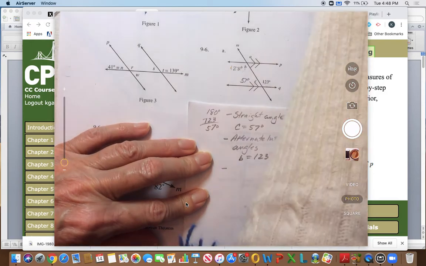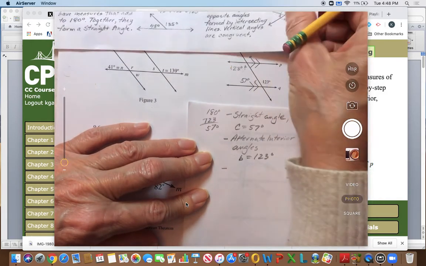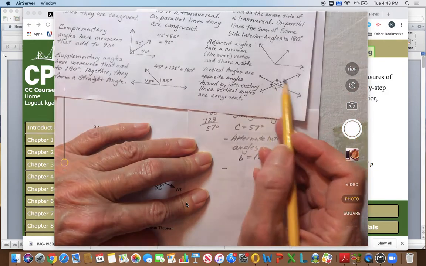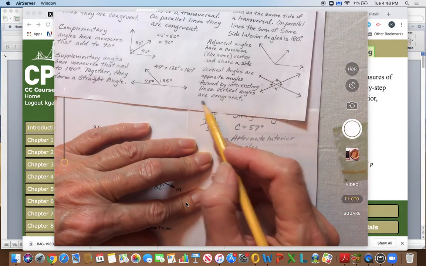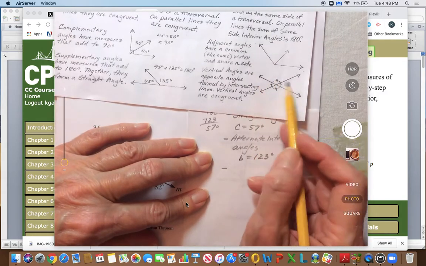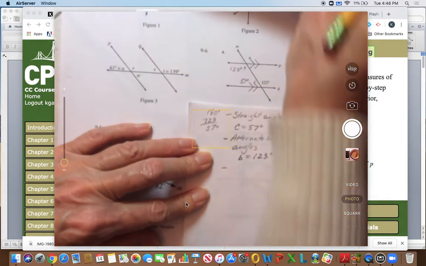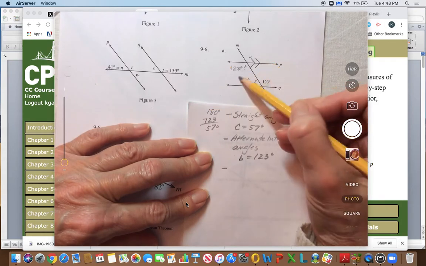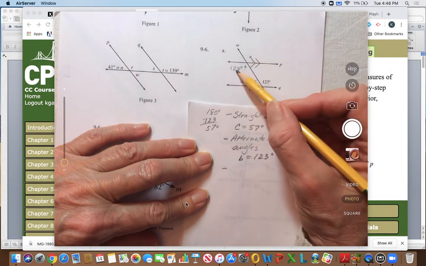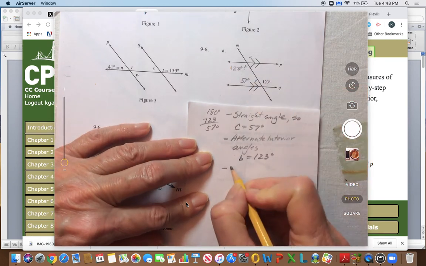And I know that that actually makes them vertical angles. And vertical angles are congruent. So these angles are congruent and these angles are congruent. So because A and B are vertical angles, I know that A is also equal to 123.